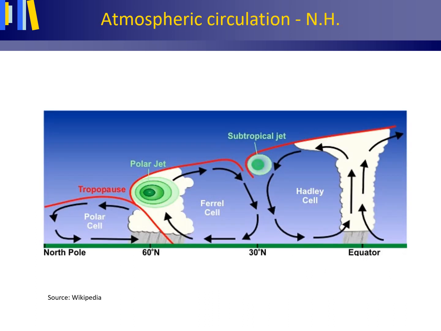This picture shows you the atmospheric circulation on the northern hemisphere in cross-section view. Here we have the equator, here we have the North Pole. The Earth receives much heat at the equator and very little at the poles. This causes transport of heat in the direction of the poles and transport of cold air from the poles towards the equator.